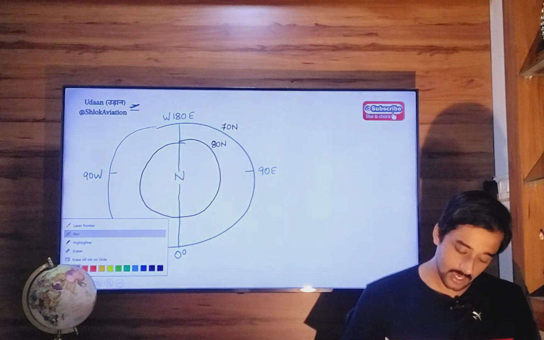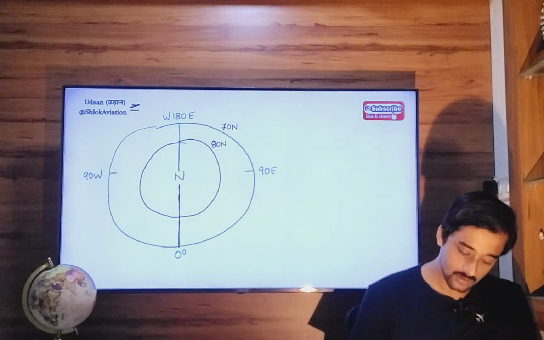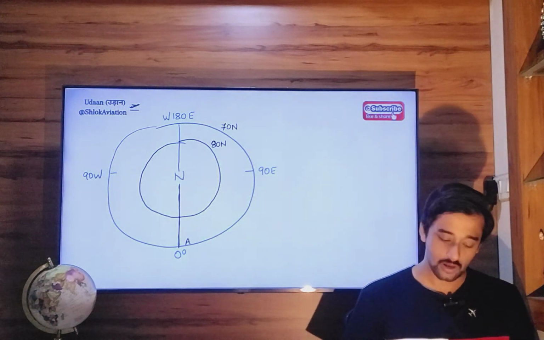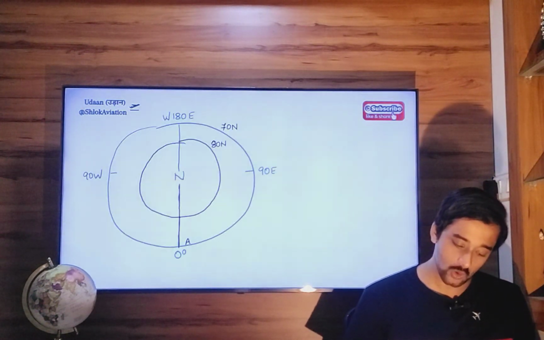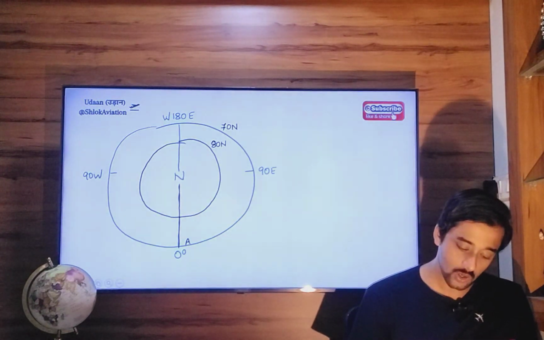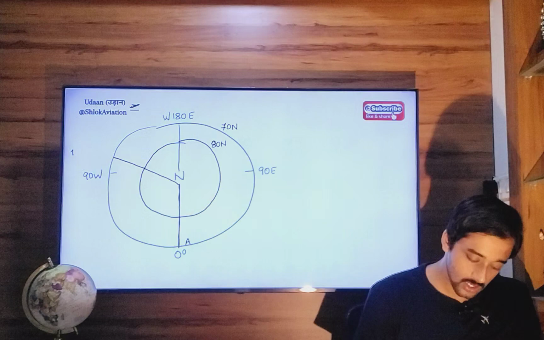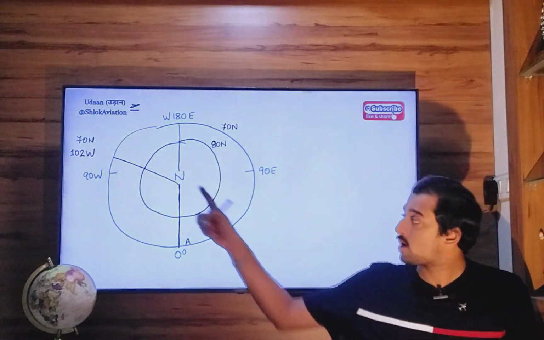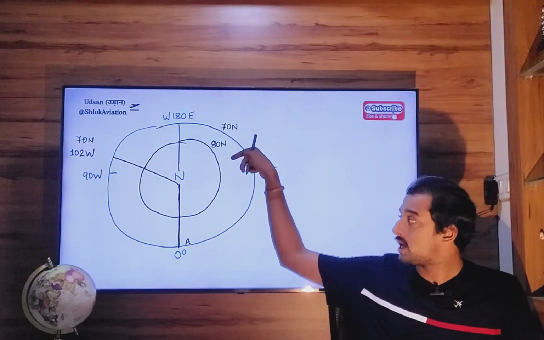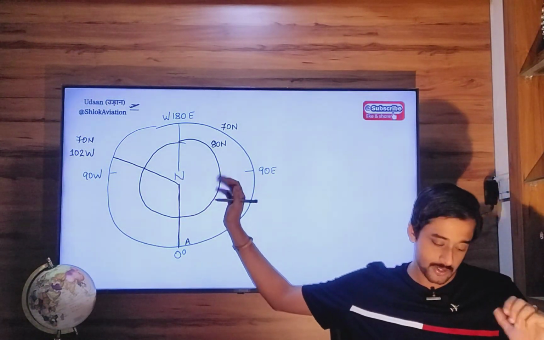So point A is somewhere here, on the prime meridian. 70 degree north, 102 west, so somewhere here. Right? This outside circle is 70 degree north latitude, then 80 degree north latitude, and the North Pole is 90 degree latitude.